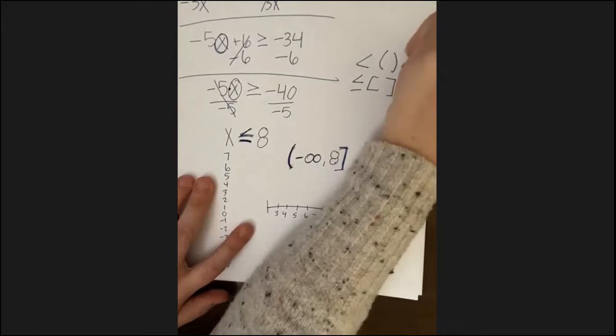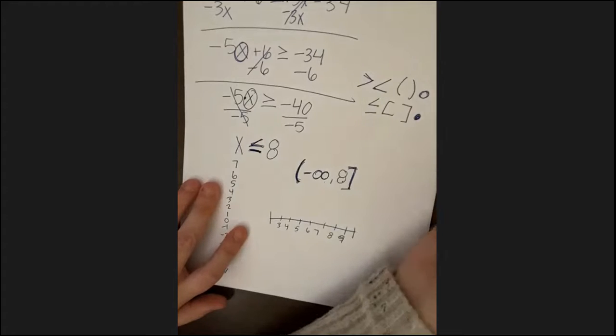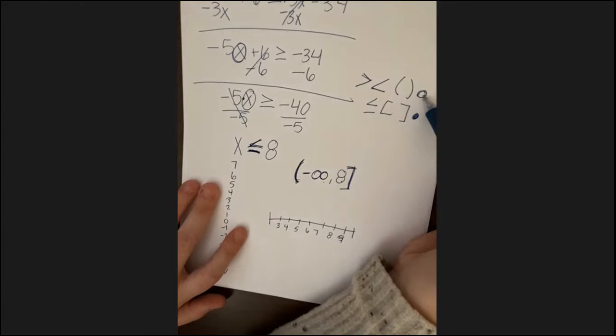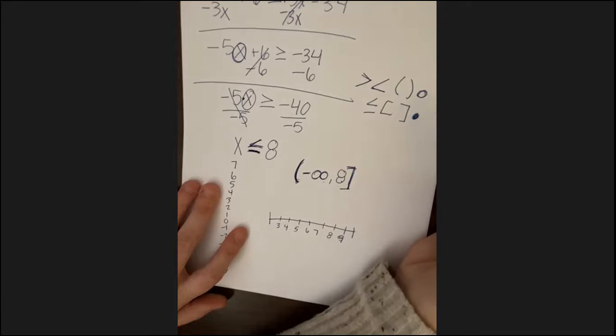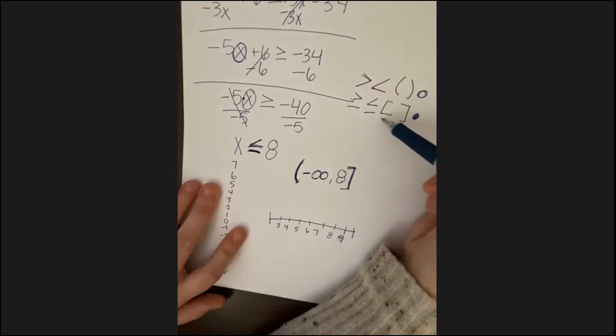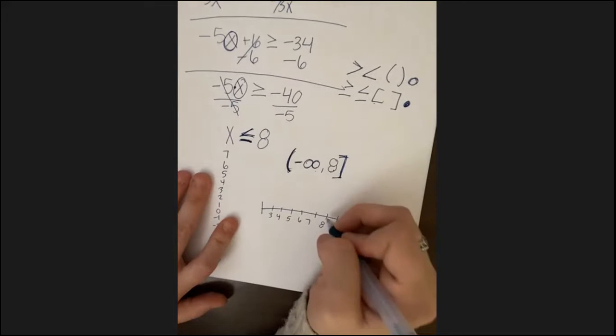And if y'all need to write this down, greater than or less than, I said that backwards, but it's going to be parentheses with an open dot. And then greater than or equal to and less than or equal to, brackets with a closed dot. So the 8 has a bracket, right? So it's a closed dot.